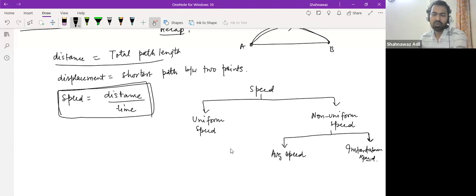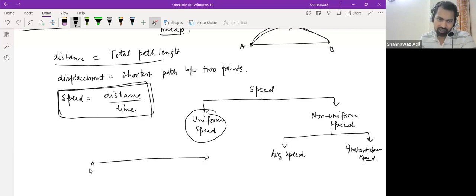Okay. So what is the uniform speed? When a body covers equal distance in equal interval of time, then that speed is called uniform speed.